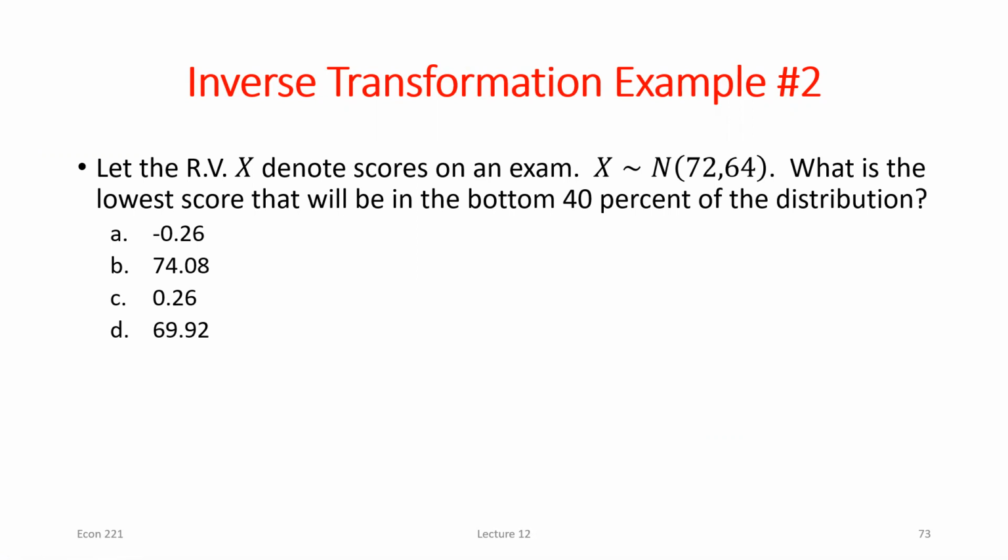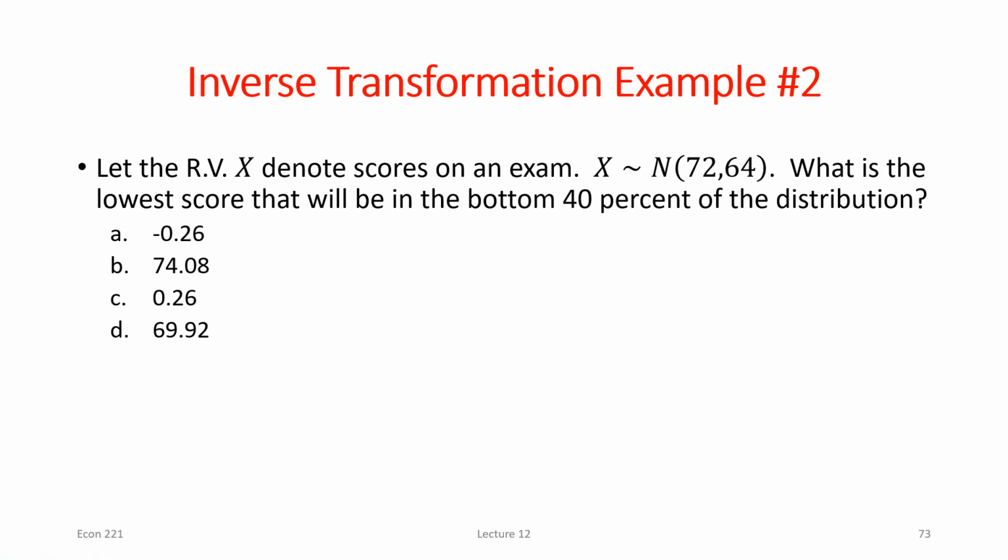Maybe like, what's the test score such that I'd be in the lowest 40% of test scores? Well, first of all, a negative test score in the context of this example doesn't make any sense. Also, if someone actually got 0.26 on a test and the average was 72, what would a test score of 0.26 be the cutoff for? What percent would be below it?